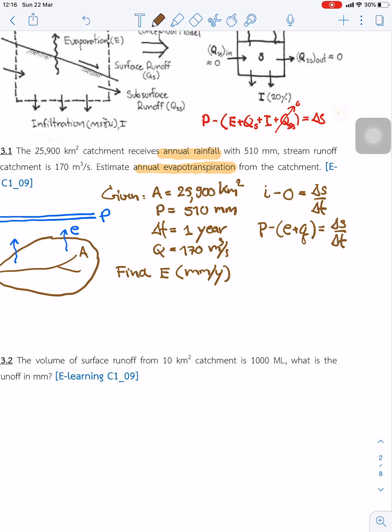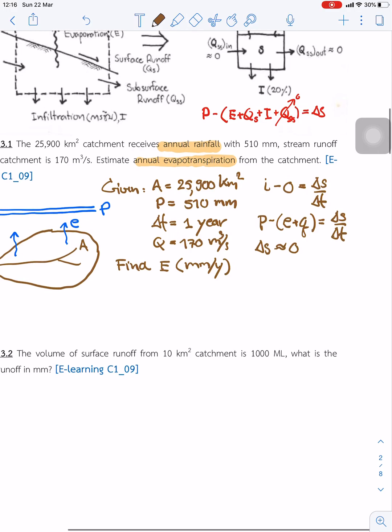In this case, we have just one equation, so we have to assume that the change of storage is equal to 0. Okay, so we can rearrange the above equation again.